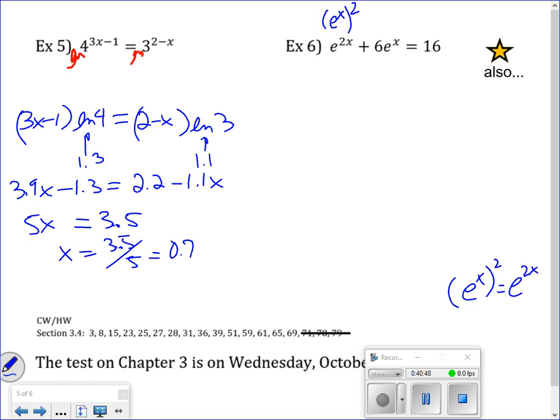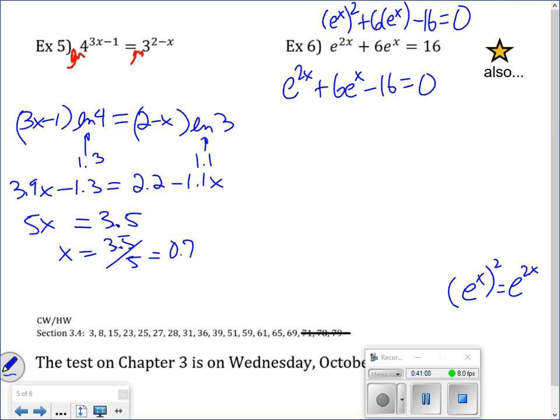So this is a quadratic, and you don't recognize it, but let me show you. So e to the 2x plus 6 e to the x minus 16 equals 0. So this is e to the x being squared. The next part is 6, and then I have my e to the x, right? And then I have minus 16 equals 0. You see that?